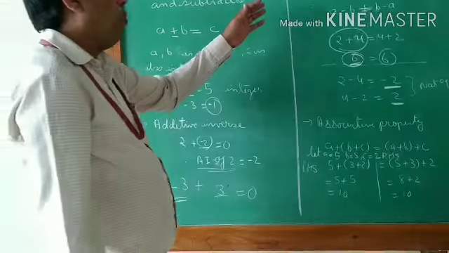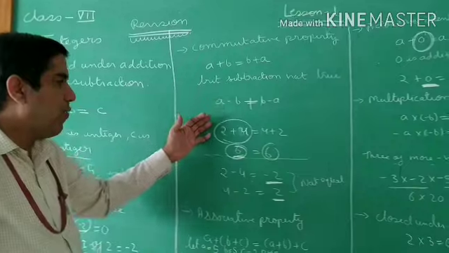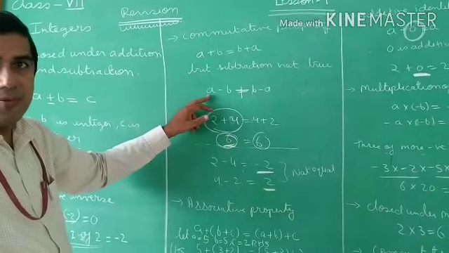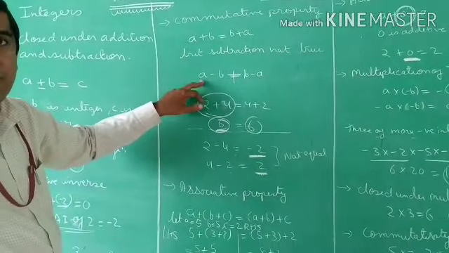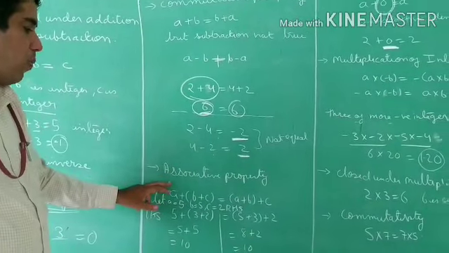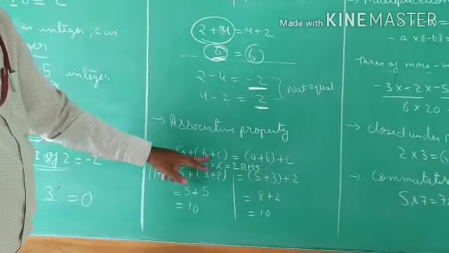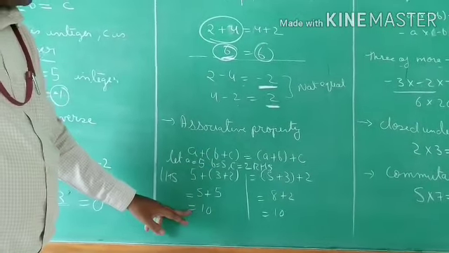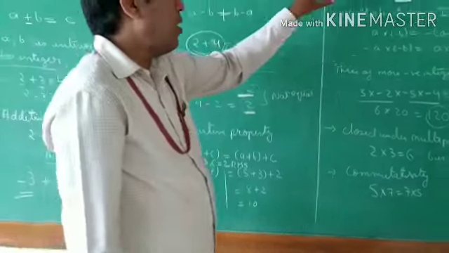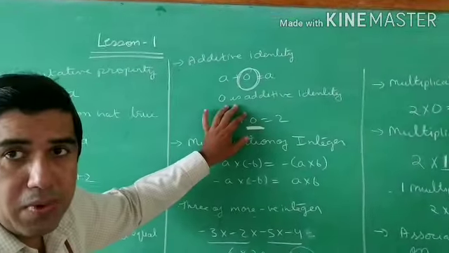Commutative property: A plus B is equal to B plus A, as we have discussed, but for subtraction it is not verified, so I put the not equal to sign. Associative property: A plus (B plus C), and we have seen it is also verified. Additive identity: A plus 0 is equal to A, so 0 is the additive identity.